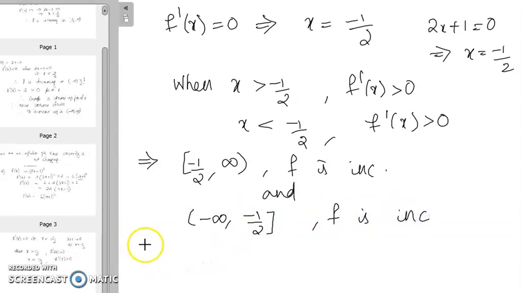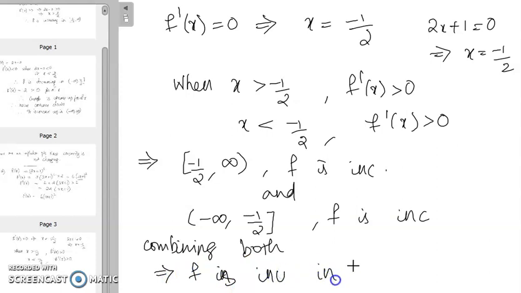So, combining both, taking the union, f is increasing in the interval minus infinity to infinity. So f will be increasing on the entire real line.